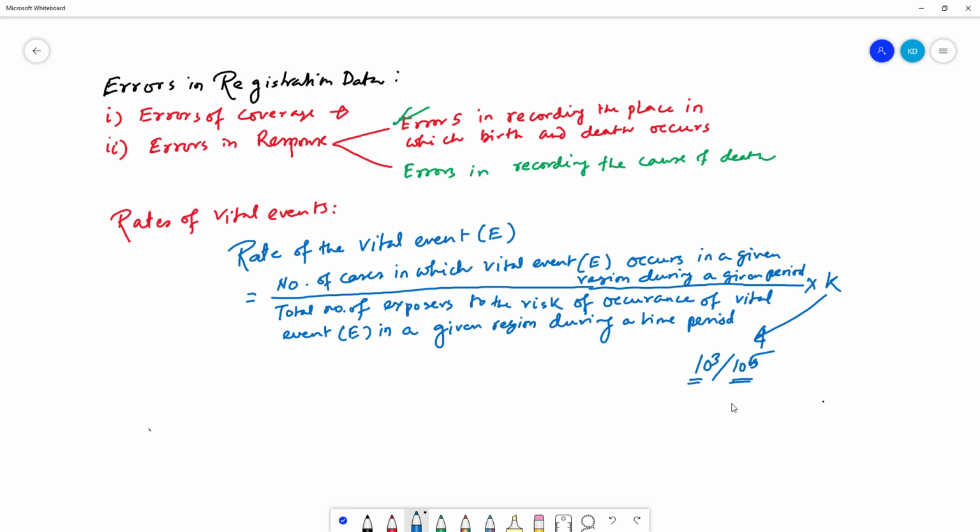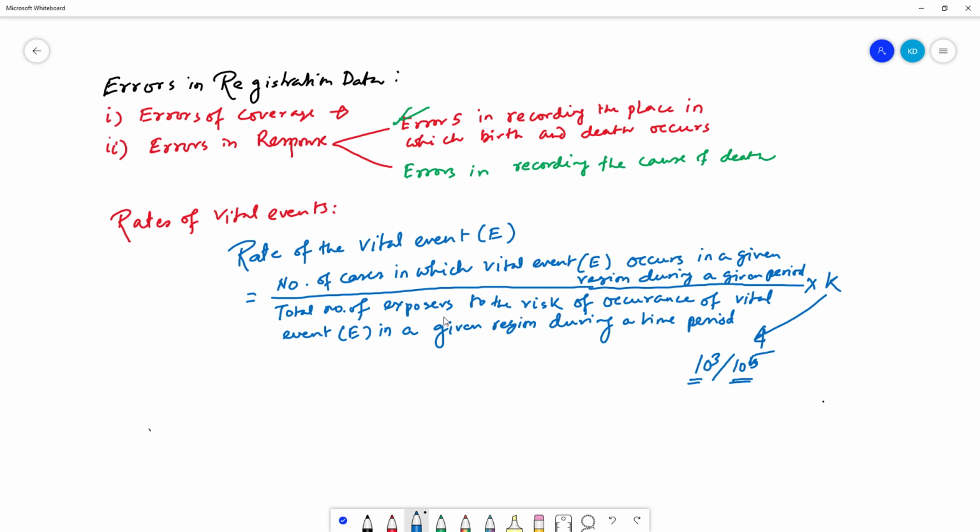According to the definition, a rate will be a proper fraction because the number of cases in which the vital event occurs in a given region during a given period is less than or equal to the total number of exposures to the risks of occurrence of vital event E in a given region during a time period.